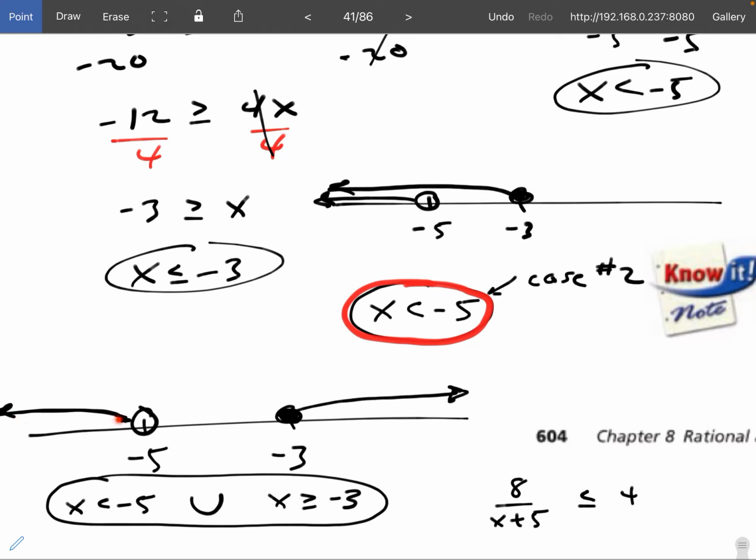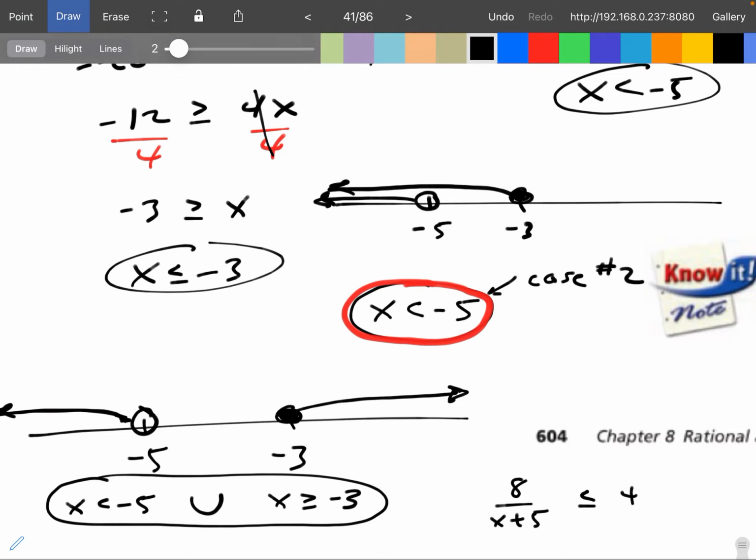Is that correct? So give me a number. Our solutions are supposed to be over here, right? So give me a number for x that's to the left of negative 5. Negative 6 would work. Negative 7 would work, right? So let's test one of those points and make sure it's actually a solution. Let's test, I don't know, negative 7.